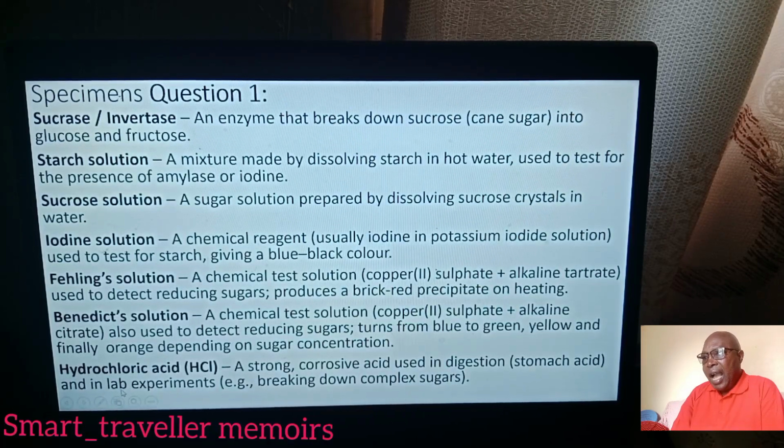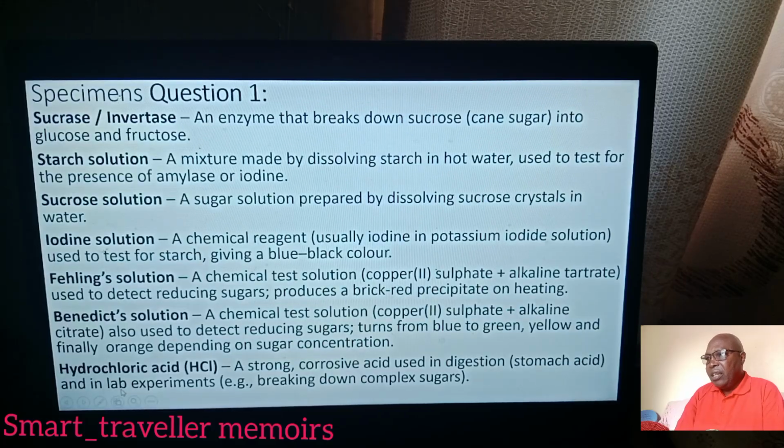Iodine solution, a chemical reagent, usually iodine in potassium iodide solution, is used to test for starch, giving a blue-black color. Fehling's solution, a chemical test solution, copper II sulfate plus alkaline tartrate, is used to detect reducing sugars and produces a brick red precipitate on heating. Benedict's solution, where copper II sulfate is mixed with alkaline citrate, is also used to detect reducing sugar.